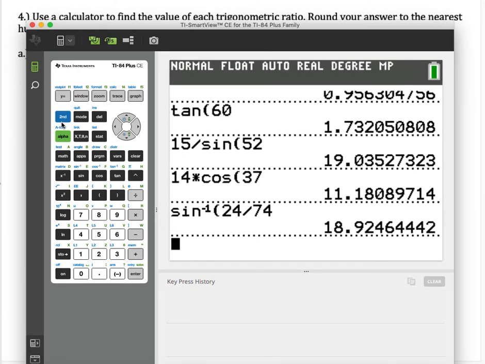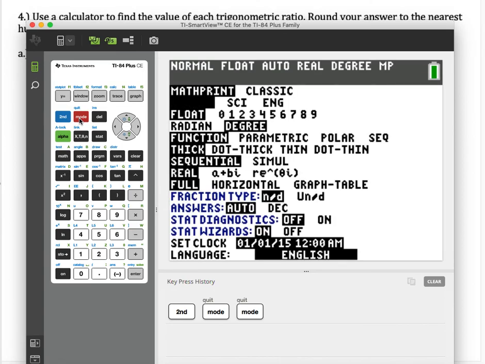So what I need you to do, if you have the yellow graphing calculator, is hit second mode. Or excuse me, just hit mode. Don't hit second first, just hit mode. And if your calculator has been reset, or if somebody hasn't changed it yet, the default about 3 lines down is in radians.